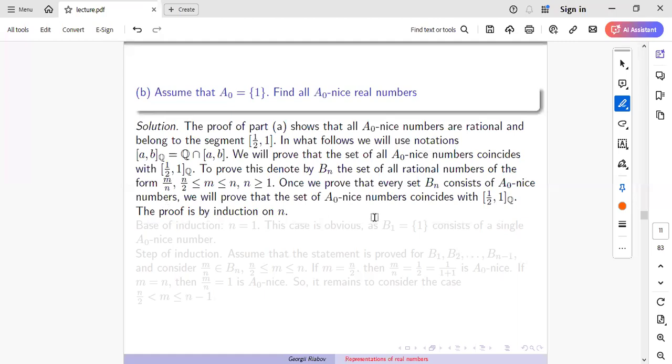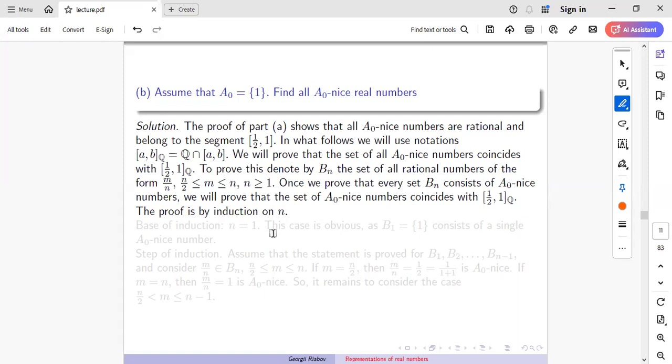And now let's prove that all numbers in Bn are A0 nice. So all numbers in Bn will be obtained if we do the procedure of constructing A0 nice numbers long enough.